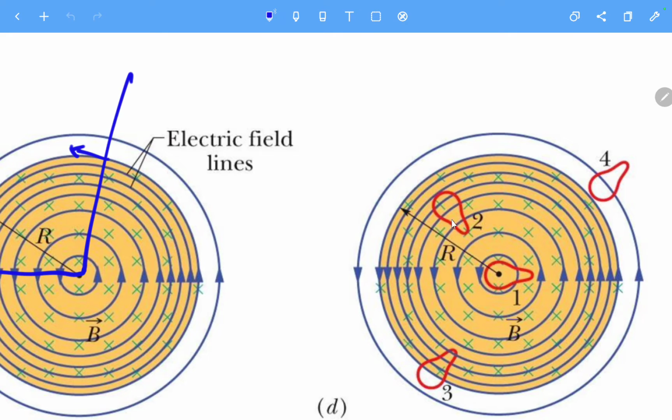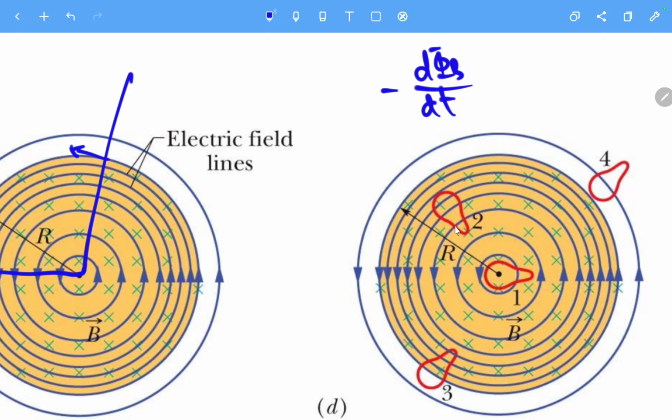Of course, the direction and the shape are slightly rotated, but these two shapes are actually the same.